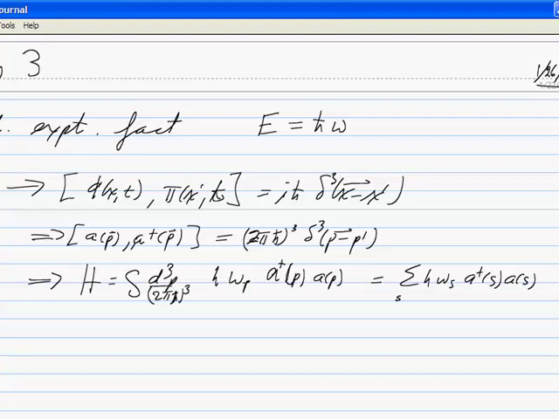So we can use either the discrete notation or the continuum notation, and these just tell you how things work. Okay, so that's what we did. That was our pathway, our big picture.